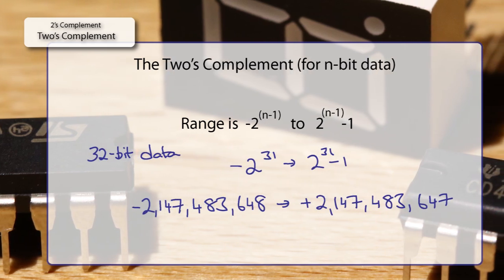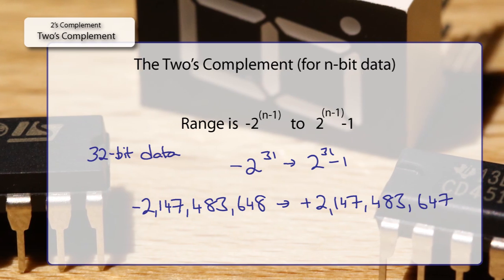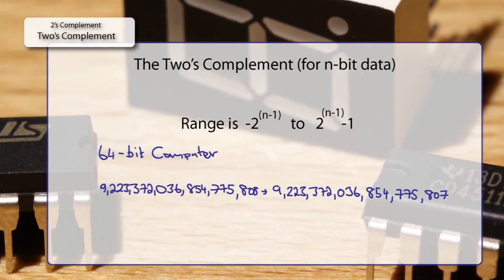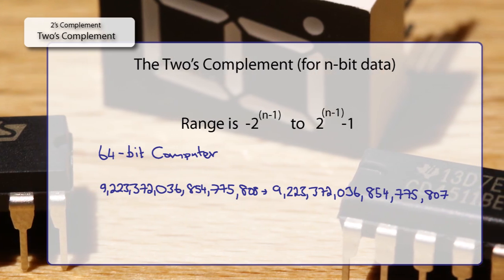On a 32-bit computer, this is about minus 2 billion to plus 2 billion, and on a 64-bit computer, well, the numbers are represented here. But exactly the same rules apply.